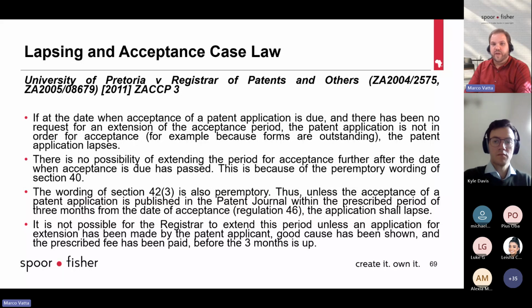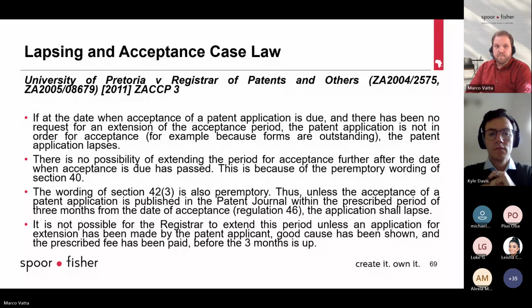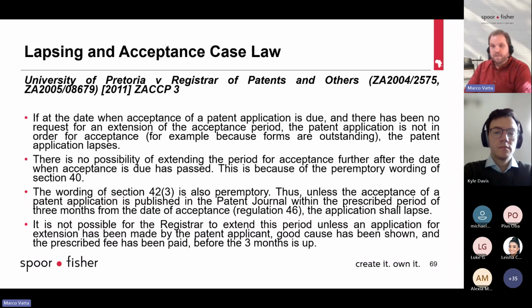So this is basically a rehash of what the Act already states. So if the application is not in order for acceptance by the 18-month deadline, and there's been no further request for an extension of that period, then the application is deemed to have lapsed.